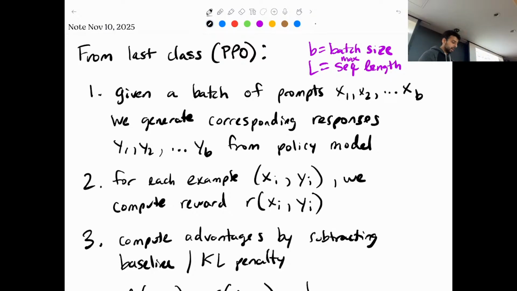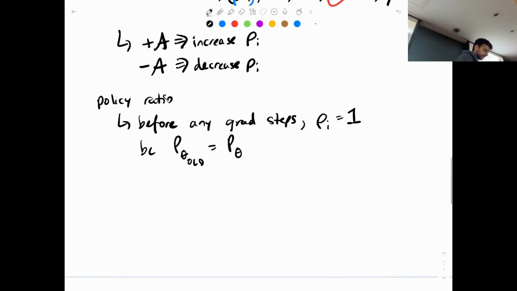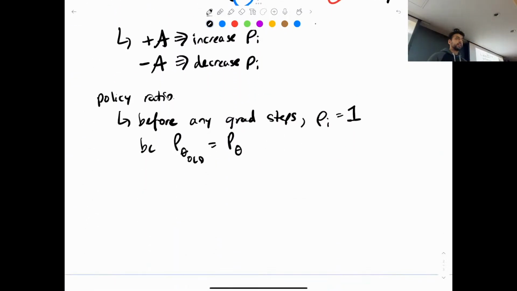And when we are doing these updates, we are going to keep around the probabilities that were produced by this theta old, but we're going to do multiple updates on the model. So our p theta is now going to be different than our p theta old. That's the general idea.